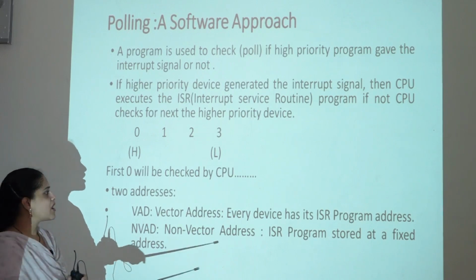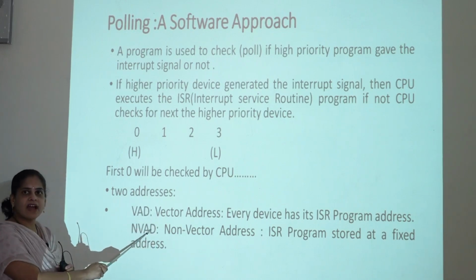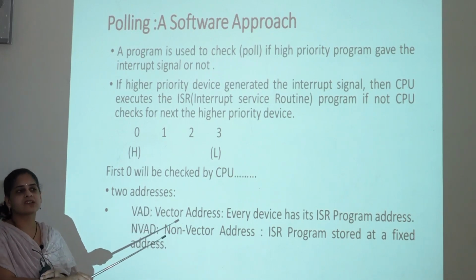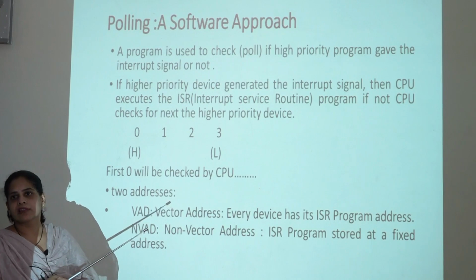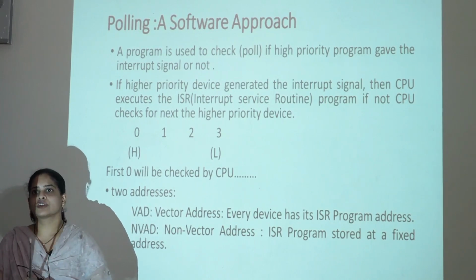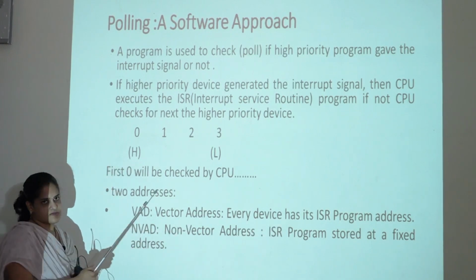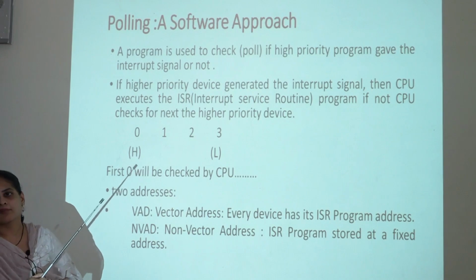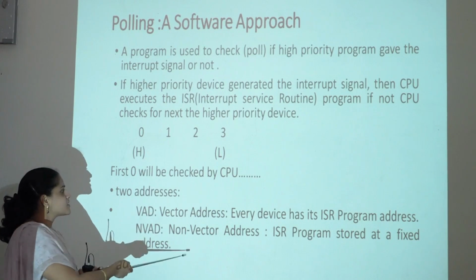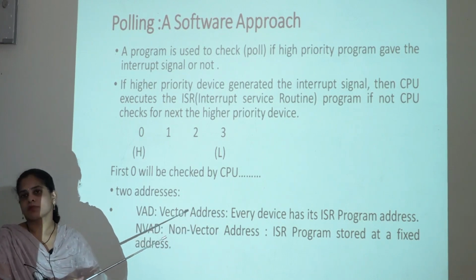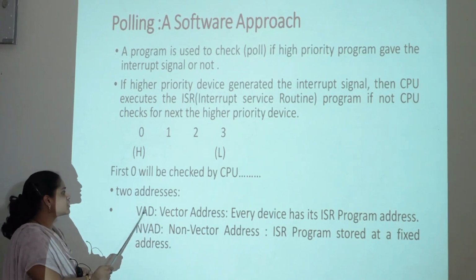We call the address of that particular device's interrupt service routine program, where it is stored in the memory, the interrupt vector address. A non-vector address means that the interrupts of all the devices are stored at a single location of the memory. So the ISR programs of all the input output devices are stored at a fixed address in the memory. We call it a non-vector address. In some cases each input output device will have its own ISR program stored at a certain location of the memory, which we define using a vector address.